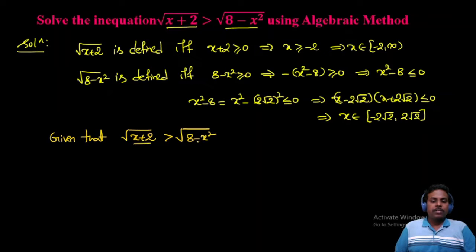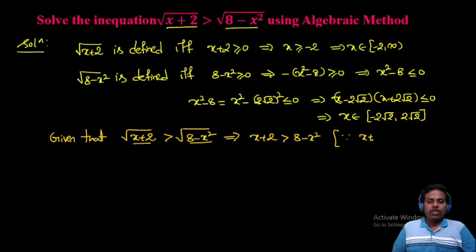If these functions are positive, then we have x plus 2 greater than 8 minus x square. The reason is both the functions x plus 2 greater than or equal to 0, comma 8 minus x square greater than or equal to 0. We have discussed this point earlier.